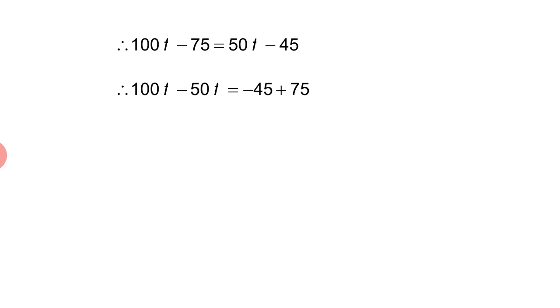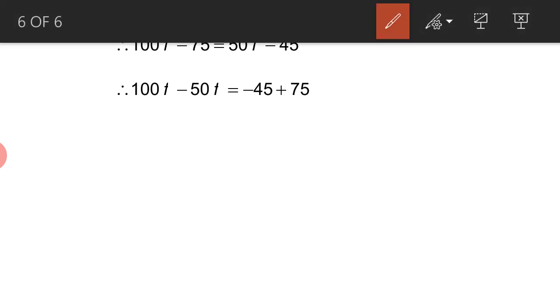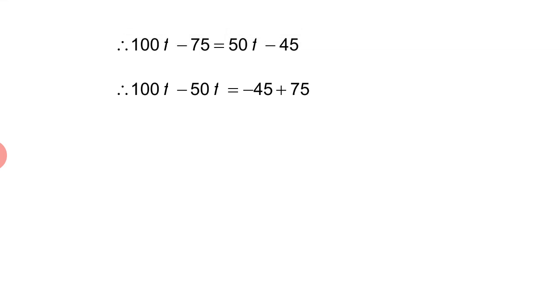Therefore, 100f minus 50f. Now the next job is again collecting the variables. So transposing 50f to LHS and 75 to RHS, the sign will change. And as I told you, don't replace that 45 with 75, children. Is it okay? So here it will be 100f minus 50f is equal to minus 45 plus 75.